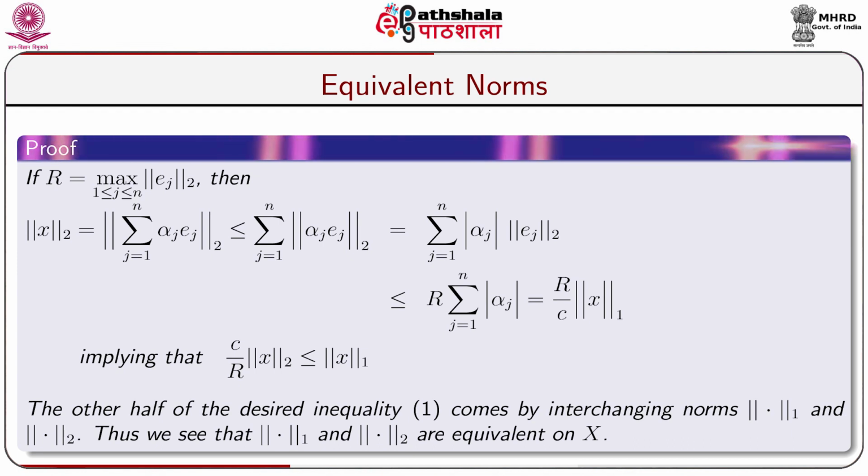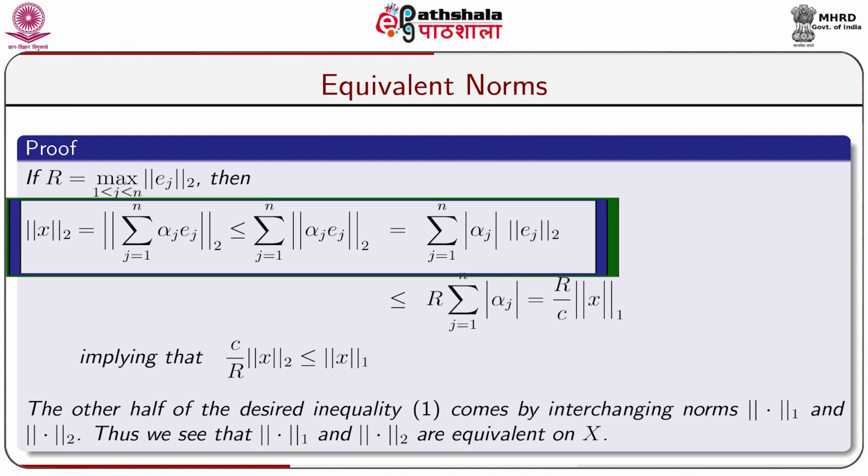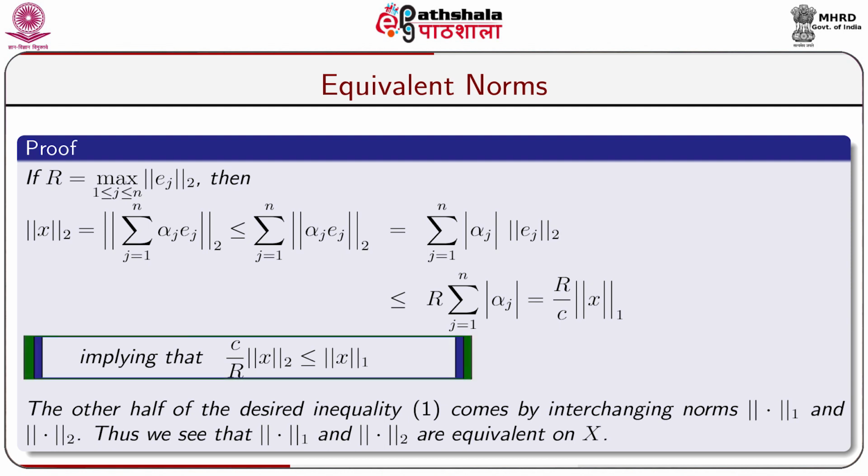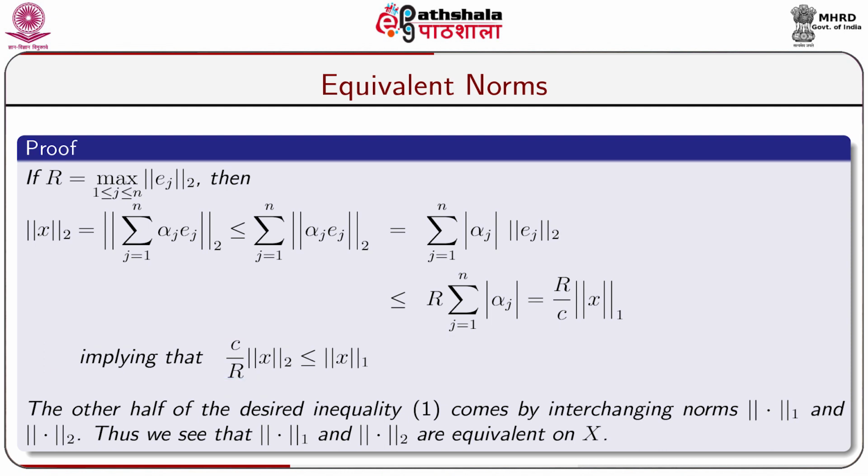If r is equal to the max of norm of ej under norm 2, where the maximum is taken over 1 less or equal to j less or equal to n, then norm of x under norm 2 is equal to norm of sigma j equal to 1 to n alpha j ej under norm 2, which is less or equal to sigma j equal to 1 to n norm of alpha j ej under norm 2, equal to sigma j equal to 1 to n modulus of alpha j times norm of ej under norm 2, which is again less or equal to r times sigma j equal to 1 to n modulus of alpha j, which is less or equal to r by c times norm of x under norm 1, implying that c by r times norm of x under norm 2 is less or equal to norm of x under norm 1.